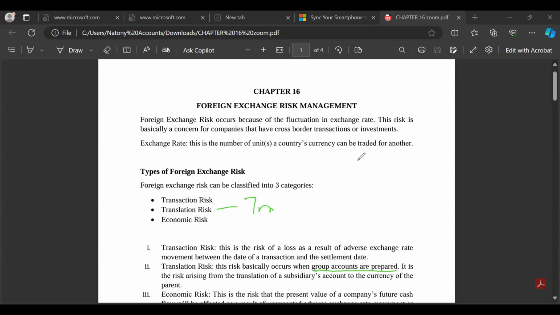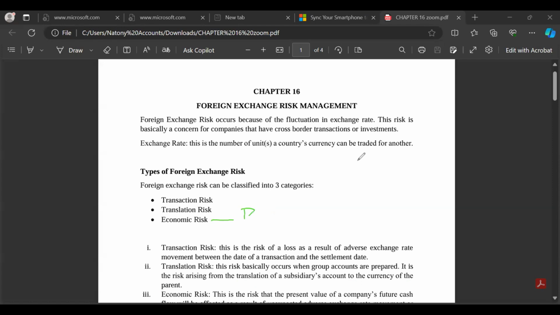It is the risk arising from the translation of a subsidiary's accounts to the parent's. That is translation risk.